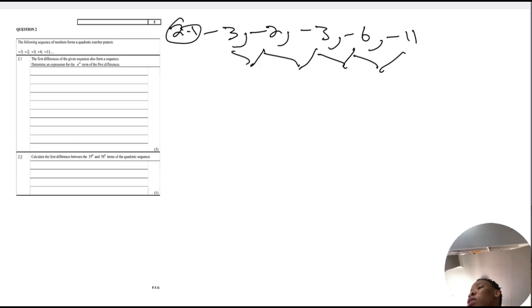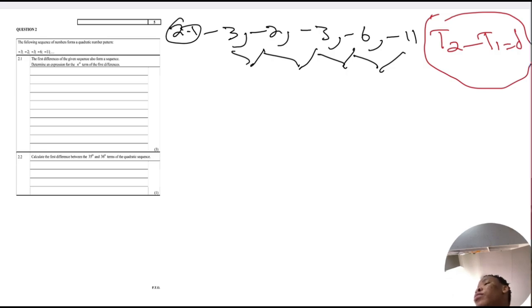The formula, remember, says T2 minus T1 equals to D. Remember this formula. Negative 2 minus negative 3, here we'll have 1. Then we will have negative 1, negative 3, negative 5.